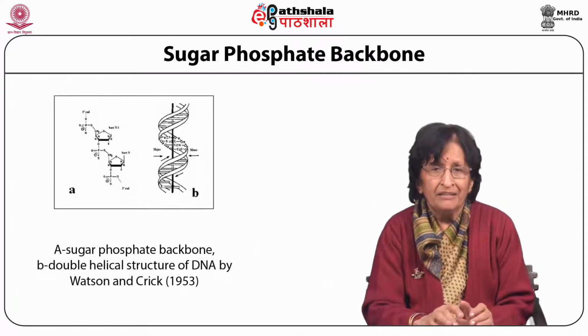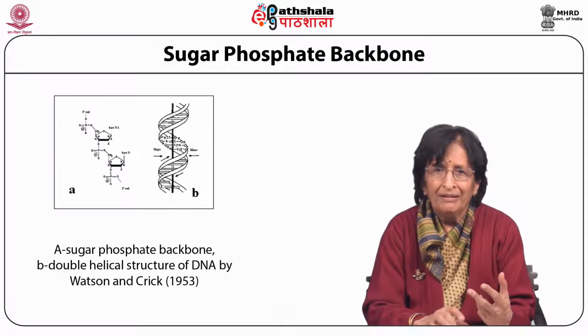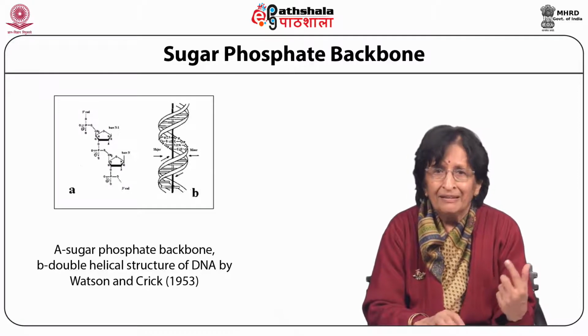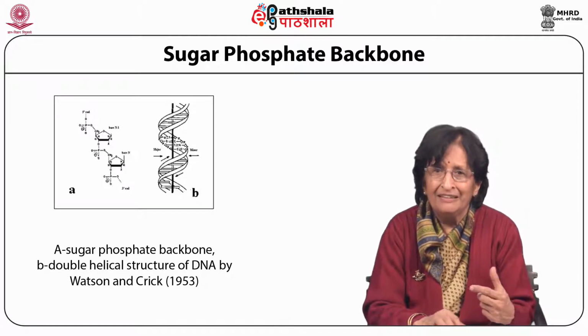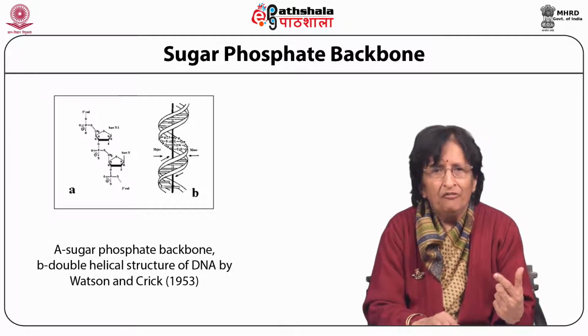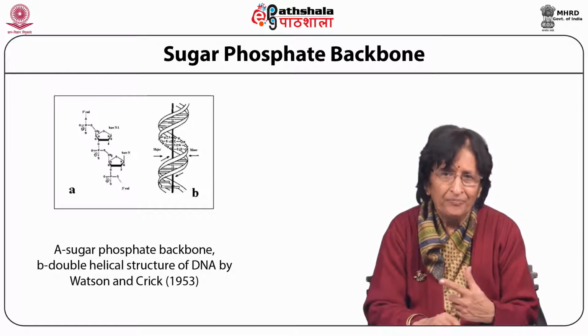So DNA has sugar phosphate backbone. The sugar phosphate backbone runs in the opposite direction with respect to the orientation of 5' and 3' hydroxy groups.